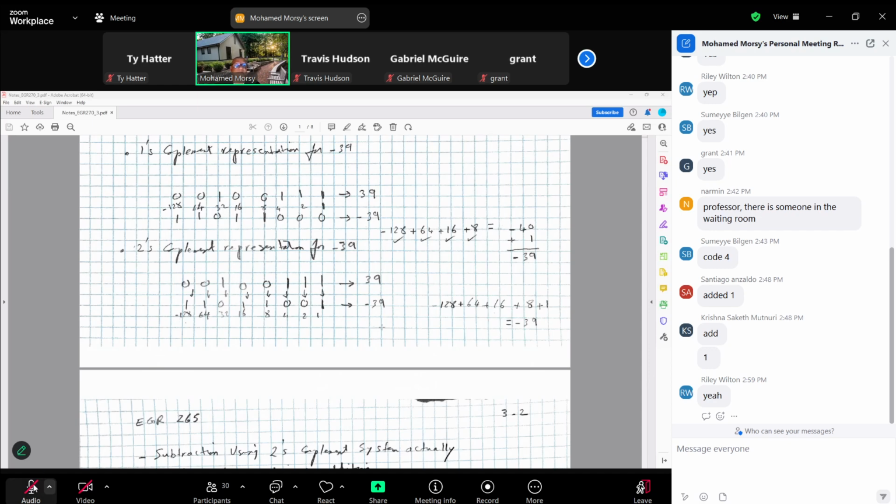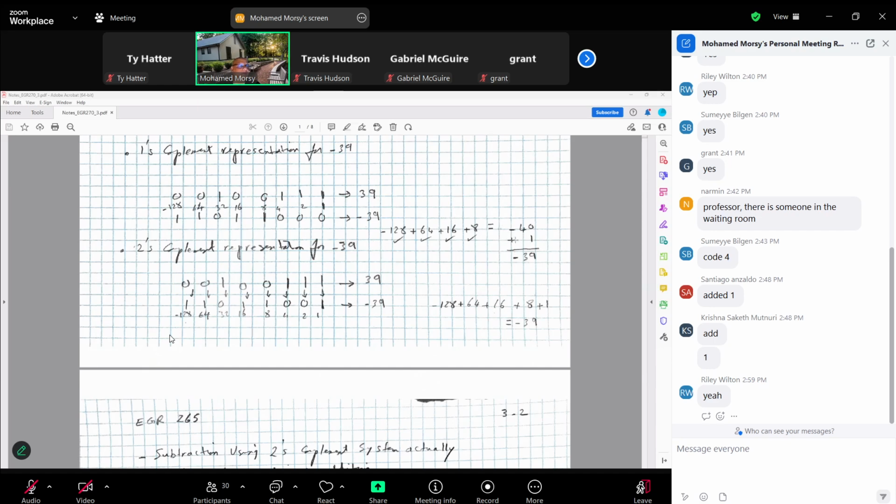Add these numbers up: minus 128 plus 64. No 32, because we have 0 here. So plus 16, plus 8. No 4, because multiplied by 0. No 2, because multiplied by 0. Plus 1. So we add these up, we got minus 39. So in 2's complement, we don't add 1 here like in 1's complement.